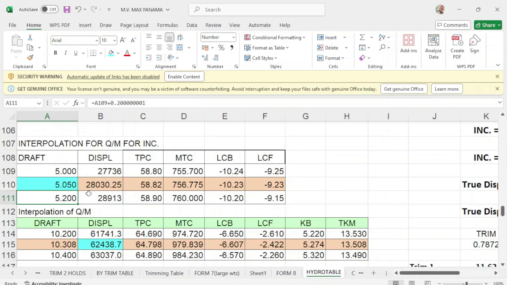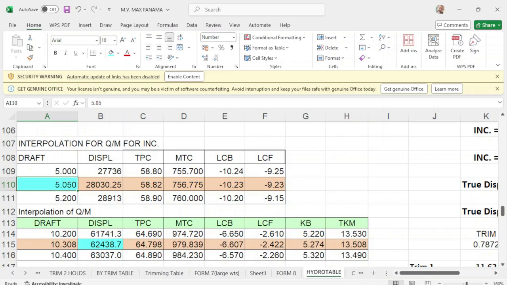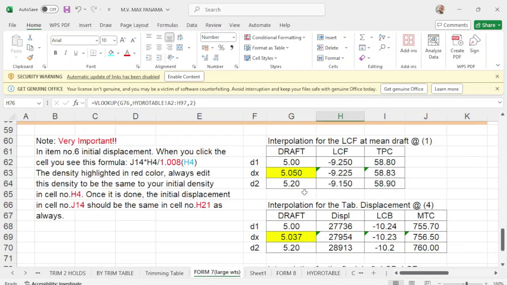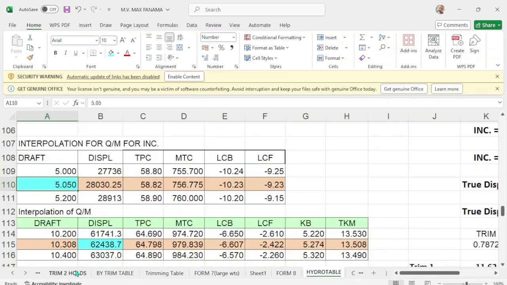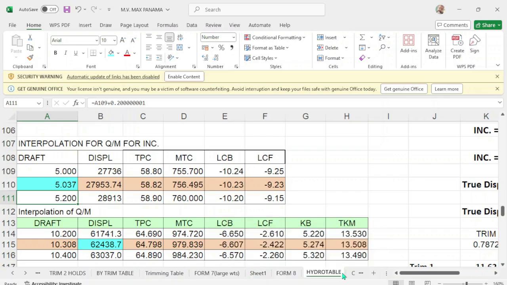Then what's the draft? Let me check. 5.037, okay. I have to check the table. Then what are we looking for? I'm sorry.